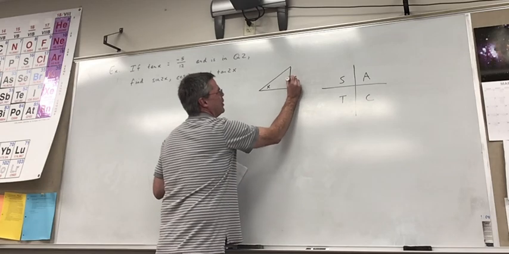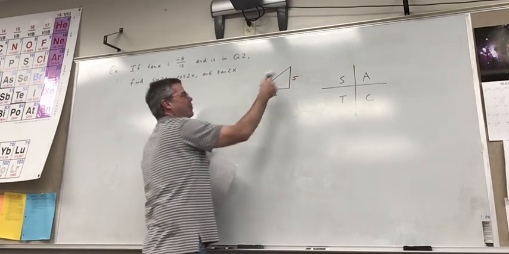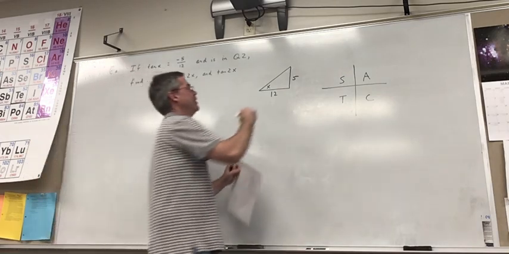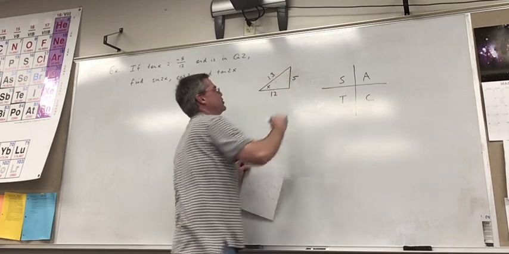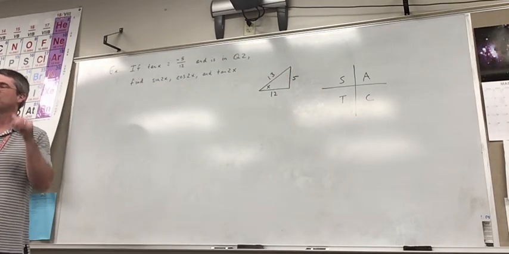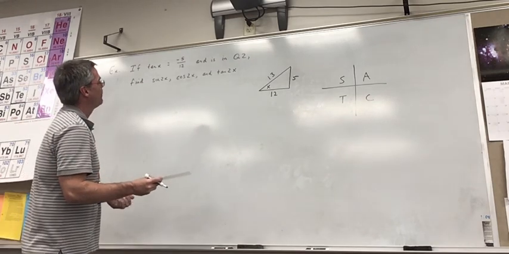Opposite. Where do we put the 12? Does anybody know what the hypotenuse is without the Pythagorean theorem? 13. All right, but if you don't remember that one, just use the Pythagorean theorem. We're going to use the Pythagorean theorem a lot in this section, so use that to get 13.